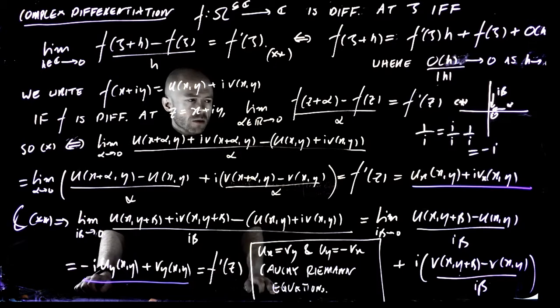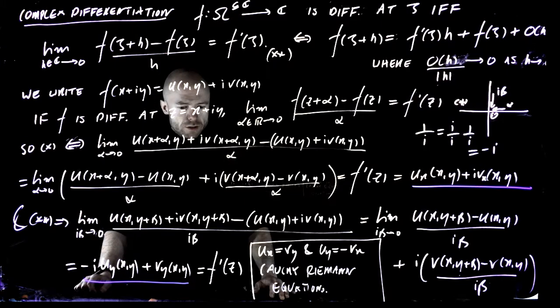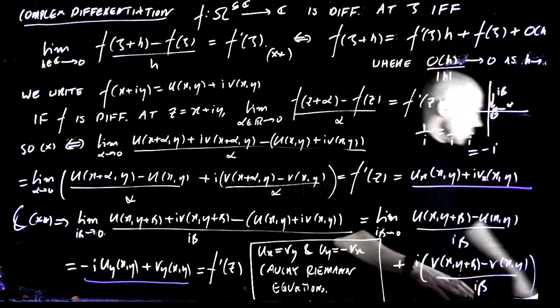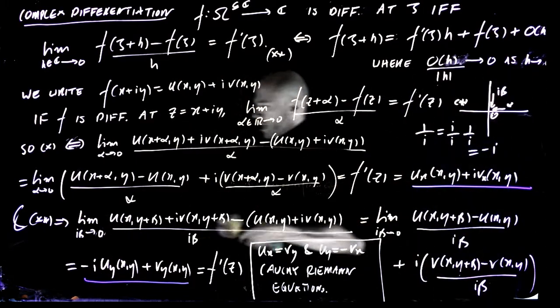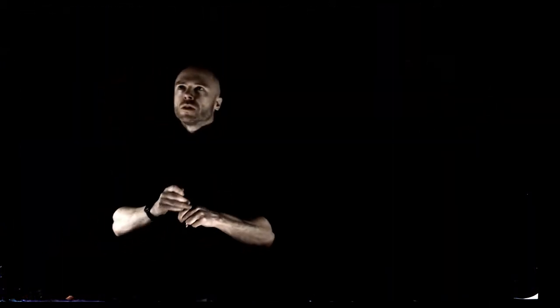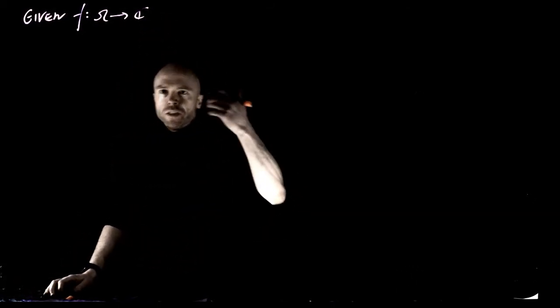Okay, cool. So this has enormous implications. This says an awful lot. I'm going to erase the board and we'll talk about what this says in a second. Given f from omega into the complex numbers, we've just learned what differentiability means.